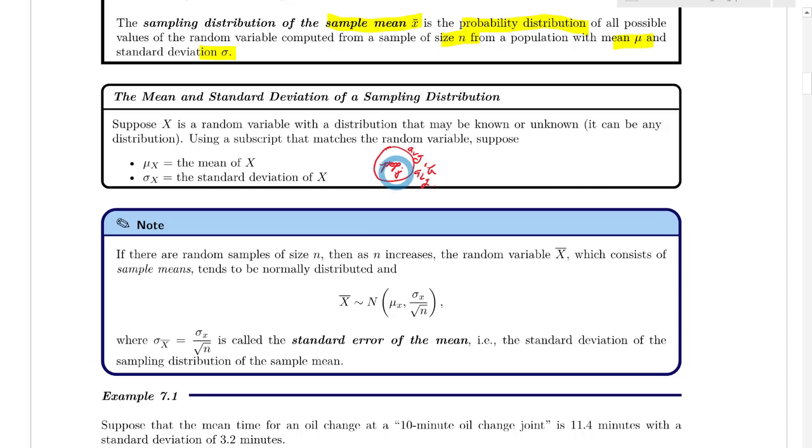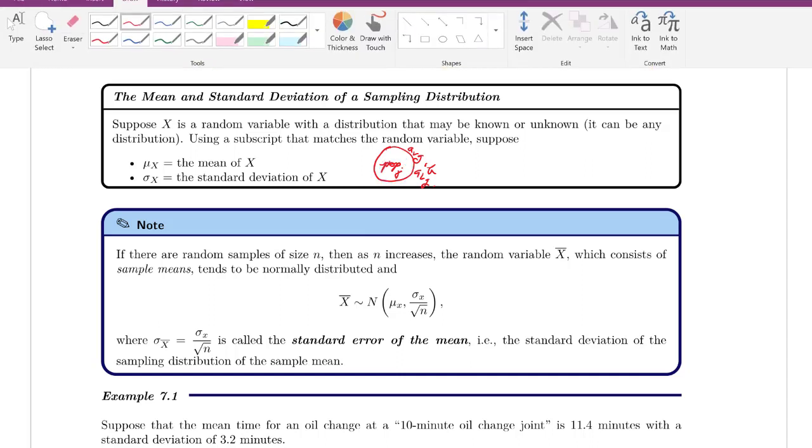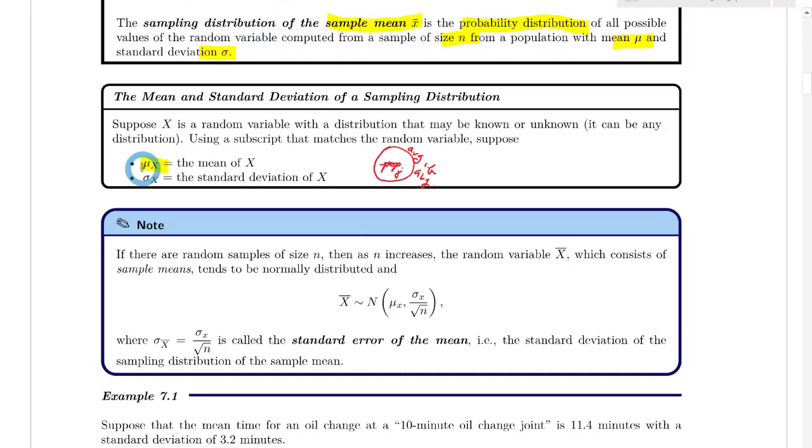that was the population average, and the standard deviation. So we cannot just say mu, because that's just the population mean. We have to say, this is the population mean that we estimated from a sampling distribution. That's why we put a mu sub x. Notice it's mu and then the sub x for the random variable.